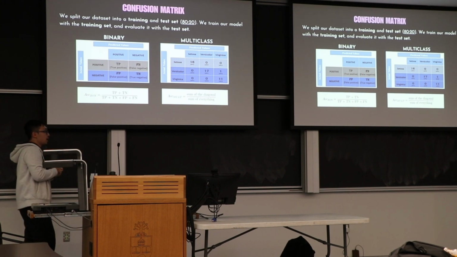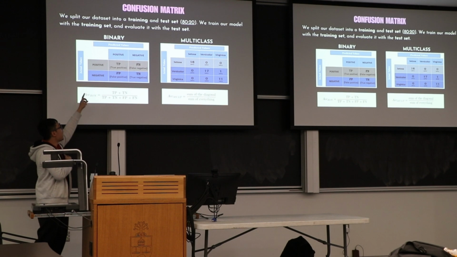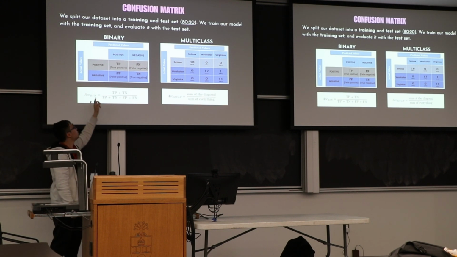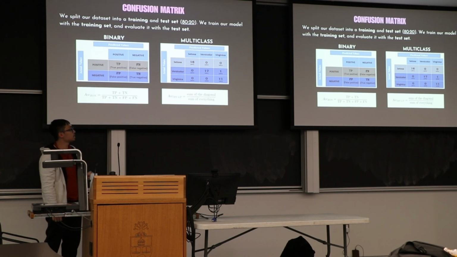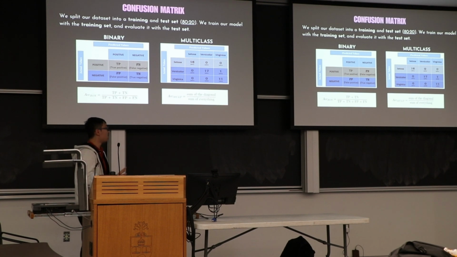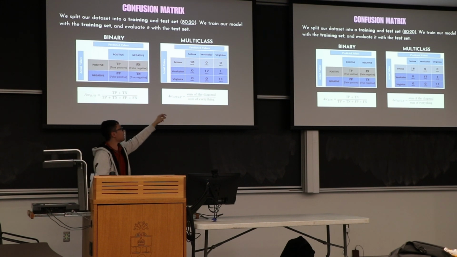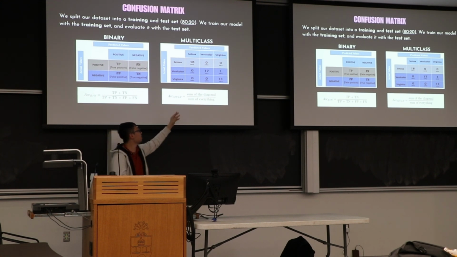To calculate the accuracy, as you might have guessed, we take the sum of the diagonal, all the cases that we want, the true positives and true negatives, and divide it by the total, so everything in the matrix. And we can generalize this to n dimensions. Here's an example: if you predicted Setosa, you want the actual value to be Setosa. If you predicted Versicolor, you want the flower to actually be Versicolor. The same goes for Virginica.